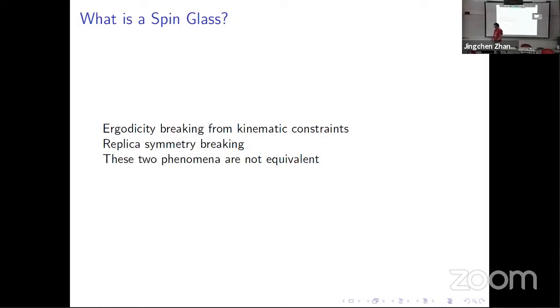I'll talk more about that later, but the basic idea is you have some space of configurations, right? And you have trouble exploring all that space of configurations. So the simplest example of that happening is, you have two wells and a ball is trapped in one of them. It's never going to explore to see if the other well is lower, right? We're all familiar with it. And when that happens in a condensed matter system, it's called a spin glass.